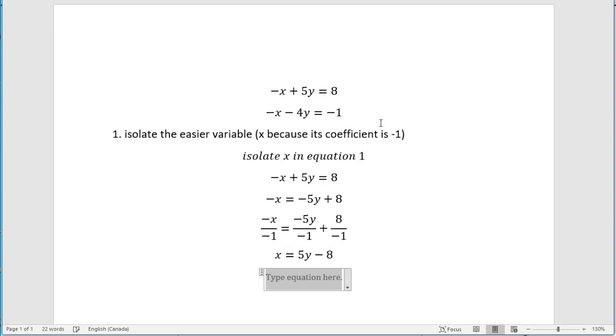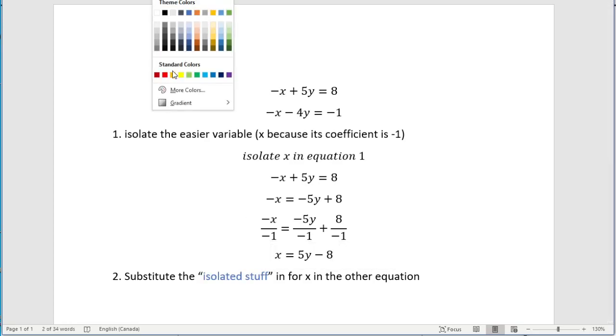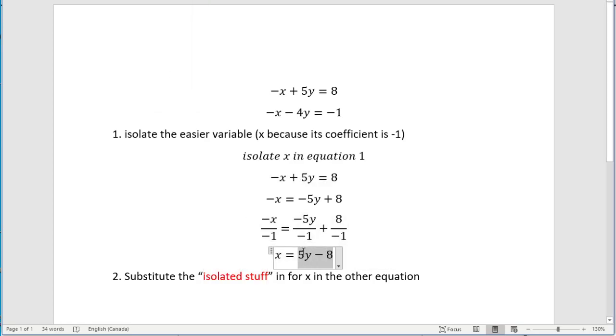The next thing you're going to do is substitute the isolated stuff in for x in the other equation. When I say isolated stuff, I'm referring to the thing that we just found. I'll put it in red so that we can follow what I'm talking about.